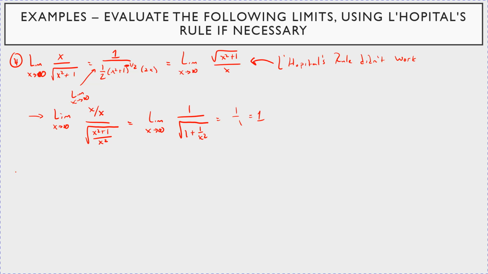Even like, let's try this one. The limit as x goes to infinity of cosine of x over x. Well, you don't even get indeterminate form here, right? As x goes to infinity, cosine of x just does not exist because cosine just oscillates between -1 and 1. So what is this equal to? You have to use the squeeze theorem.